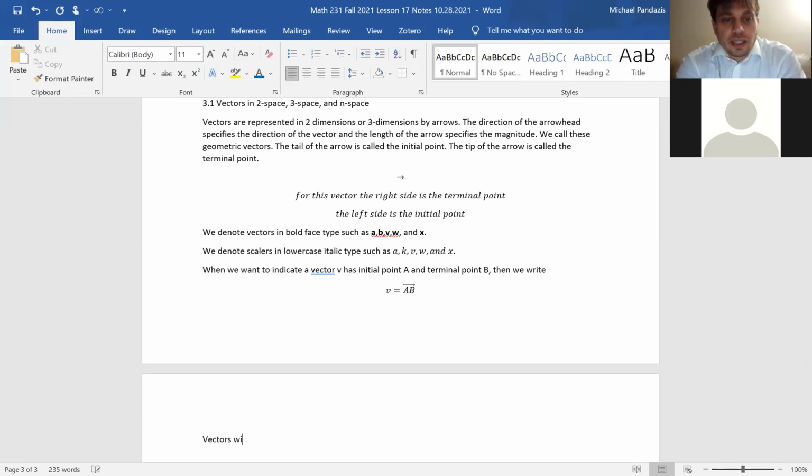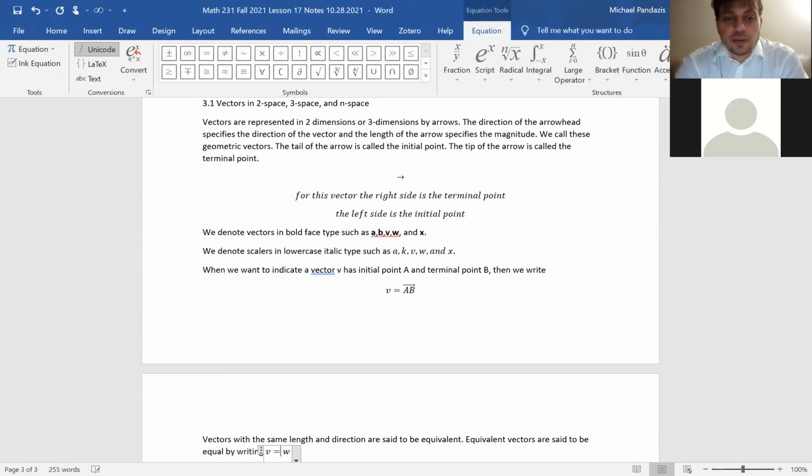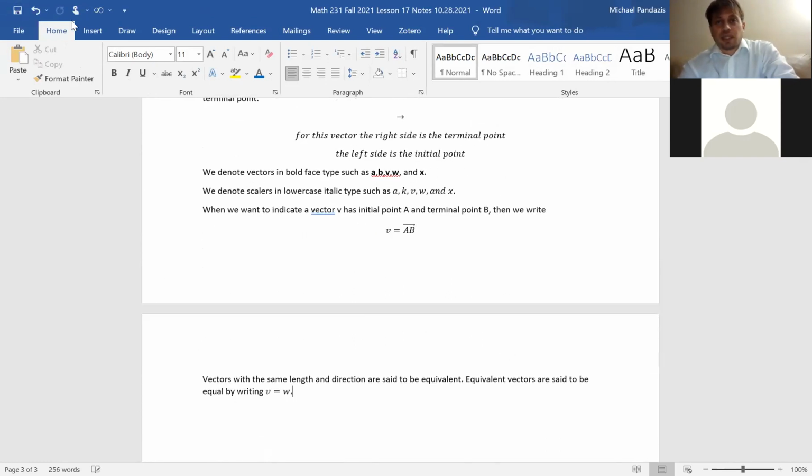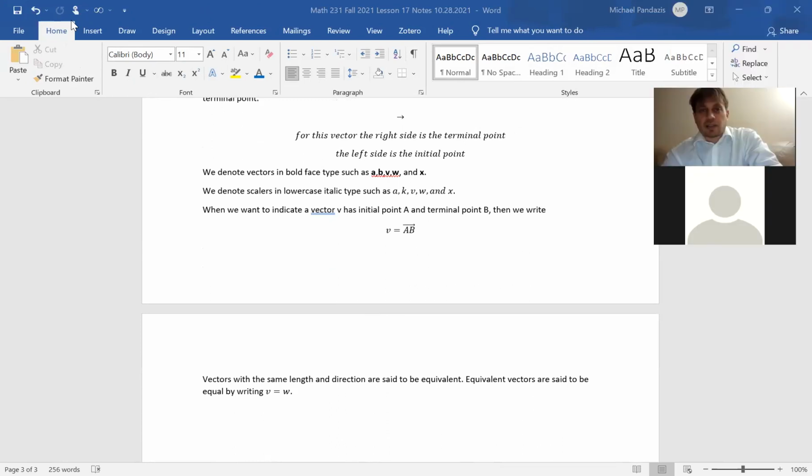Vectors with the same length and direction are said to be equivalent, and equivalent vectors are said to be equal, written v equals w. What we're doing is changing the meaning of same to mean the same direction and same magnitude.